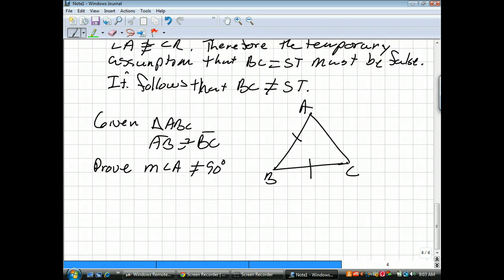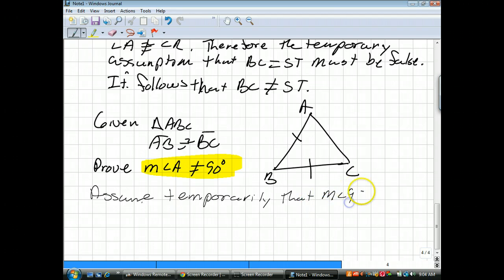Okay, so we want to do an indirect proof. So we start out by saying the opposite of what we want to prove. So we say, assume temporarily that measure of angle A equals 90 degrees.